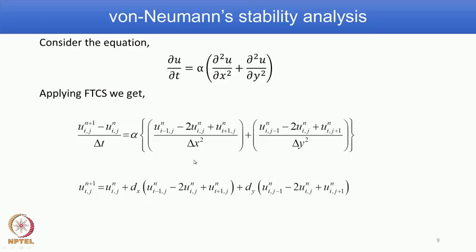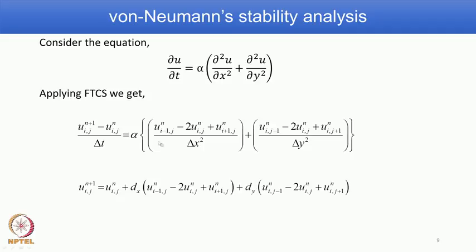Now, we rewrite this equation. We are interested only in the term u i comma j at n plus 1, all other terms are known from the nth time level. Hence, we rewrite this equation by keeping the unknown on the left hand side and taking all other terms to the other side. So, for example, this delta t is taken from the denominator on the left hand side to the other side, then u i comma j at n is also taken, it becomes positive.